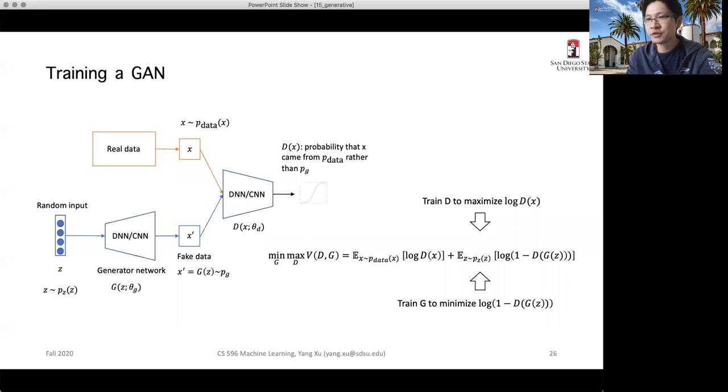If the discriminator is too strong, say as long as the generated output is a little bit fake, the discriminator can tell the difference, then that means the generator will pick up no information. It will never learn.